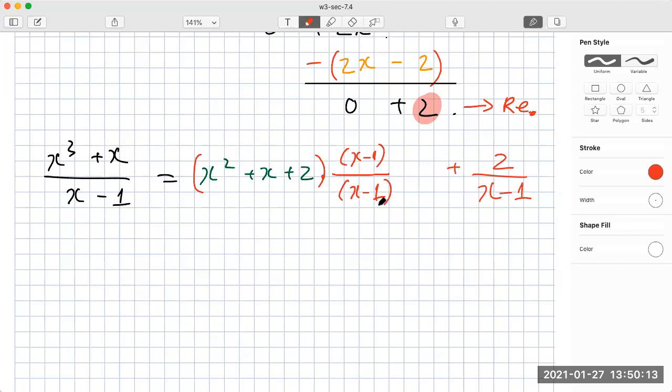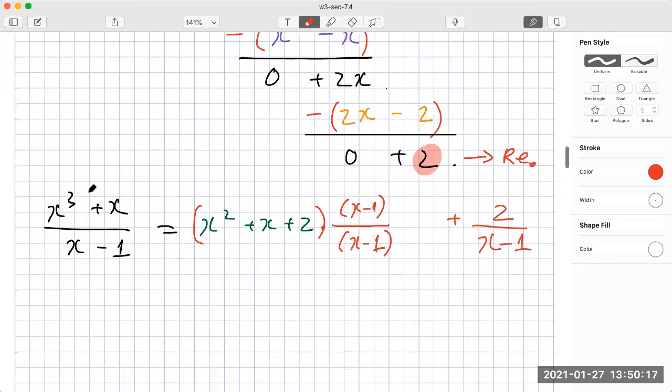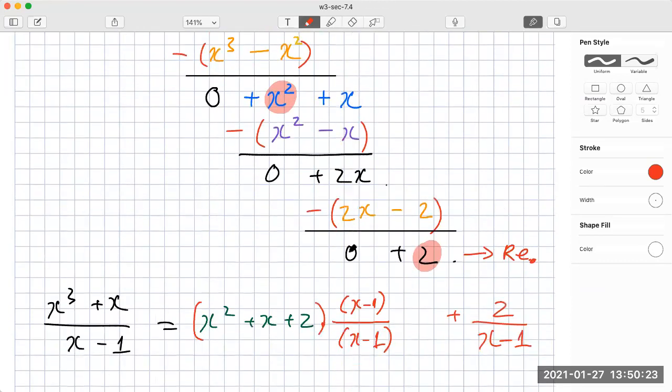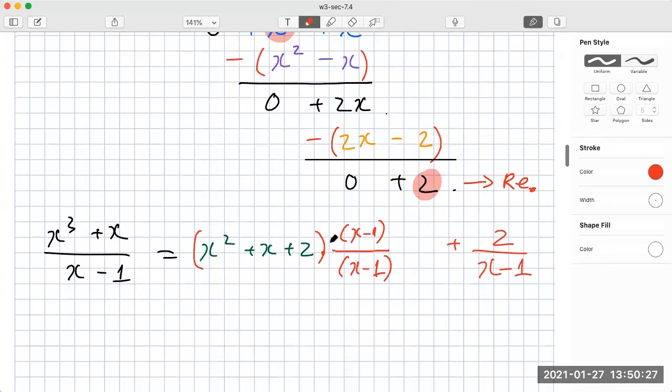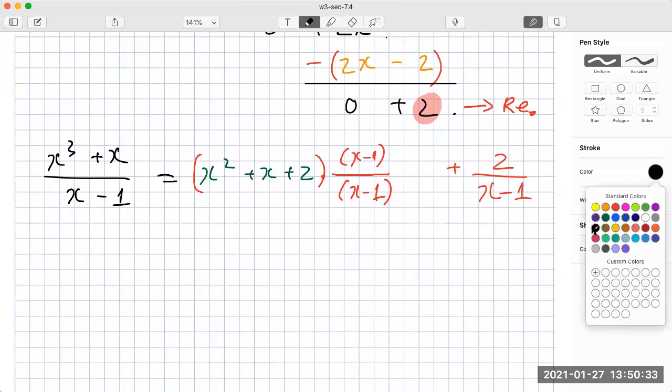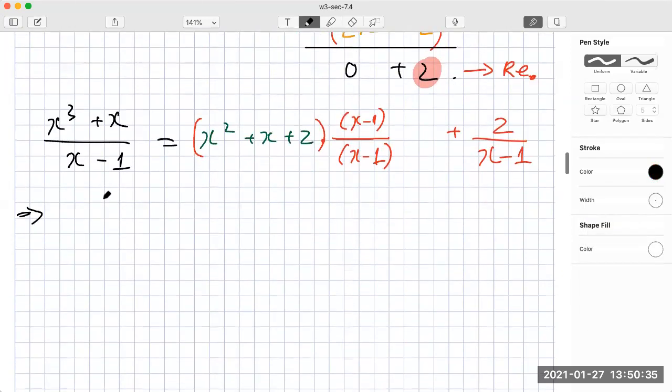Then distribute it, add them up, and you see it will end up the same thing, x cubed plus x, okay? But if you're confident with your computation, you don't have to double check it, okay? But if you want to, then this is how we do it, okay? That's it. Very good.